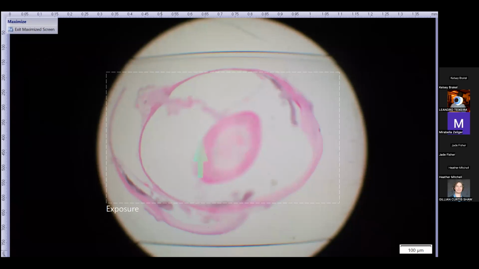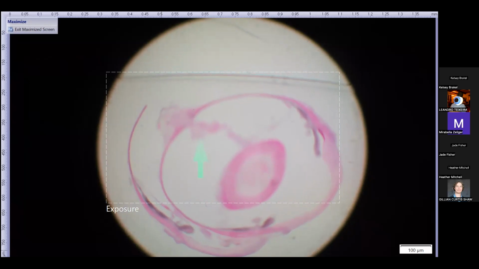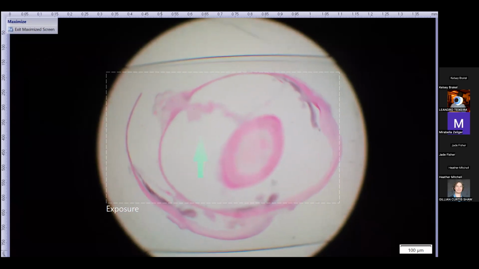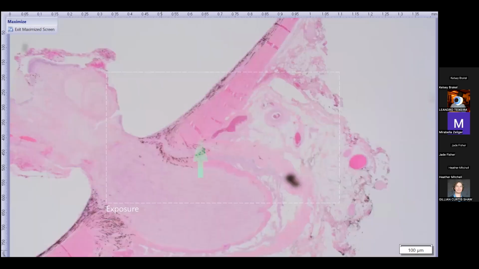So here's our subgross view. The retina was detached. And there's some corneal changes that I'll show with some conjunctival changes as well, but not too much to see subgross.